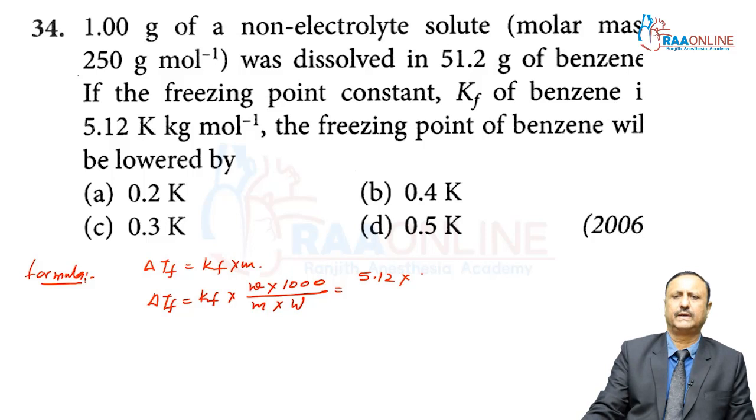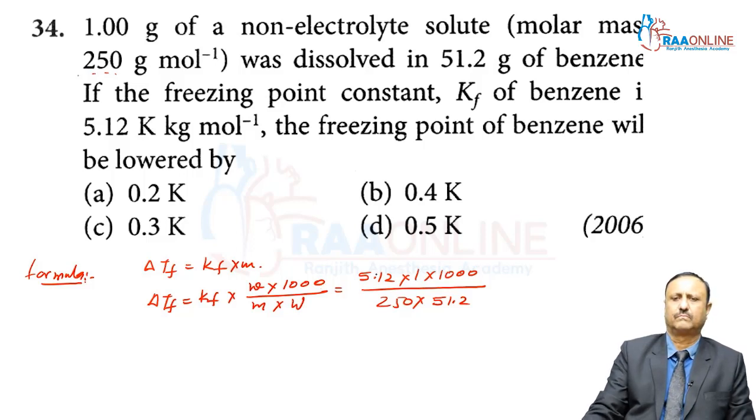Small w, how much solute is dissolved? That is 1 gram. What is the molar mass of the solute? It is given in your numerical, that is 250. What is the weight of solvent? The weight of solvent is also given in this numerical, dissolved in 51.2 gram of benzene. So, it is 51.2 gram of benzene, and you can calculate delta Tf.